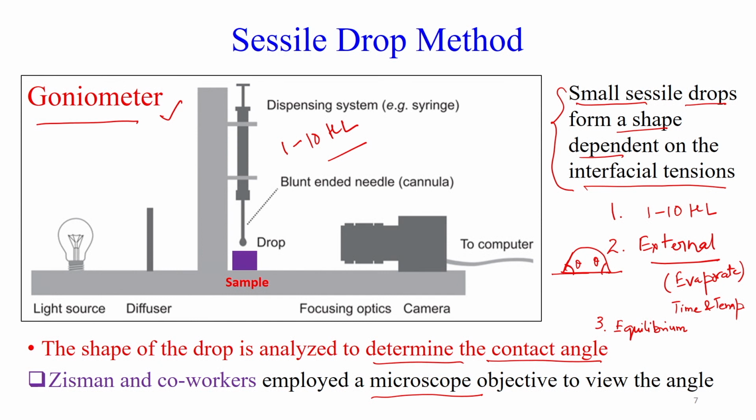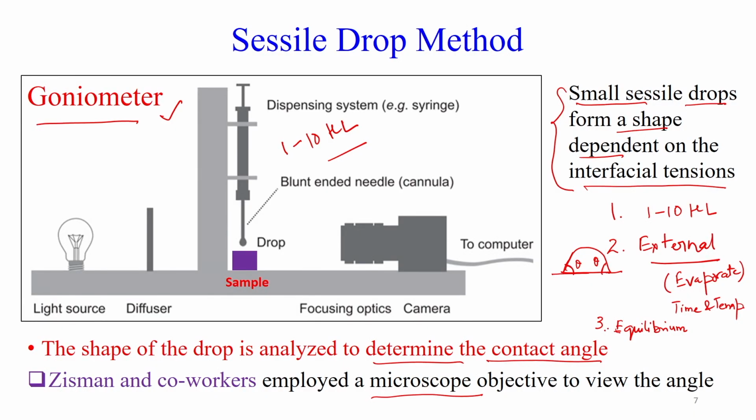Because of the interaction taking place between the solid and the liquid, the drop shape will keep changing. Within a few seconds there will be a change in the drop shape, and once it reaches equilibrium, the theta value becomes constant.